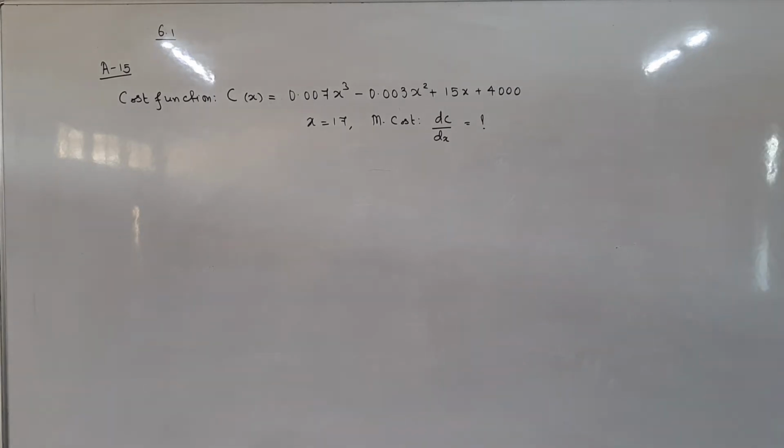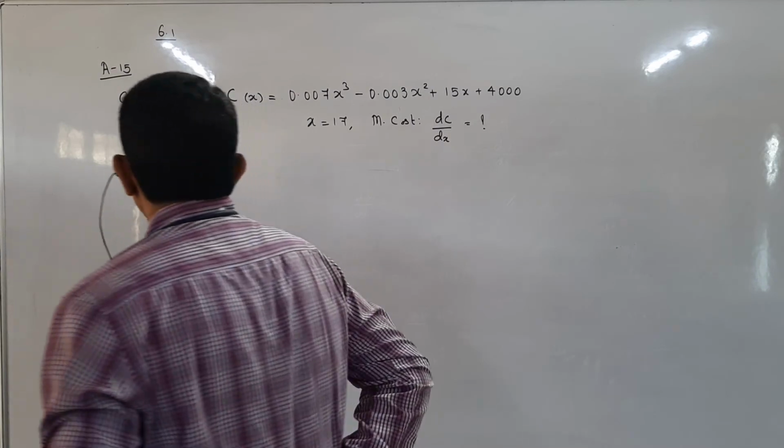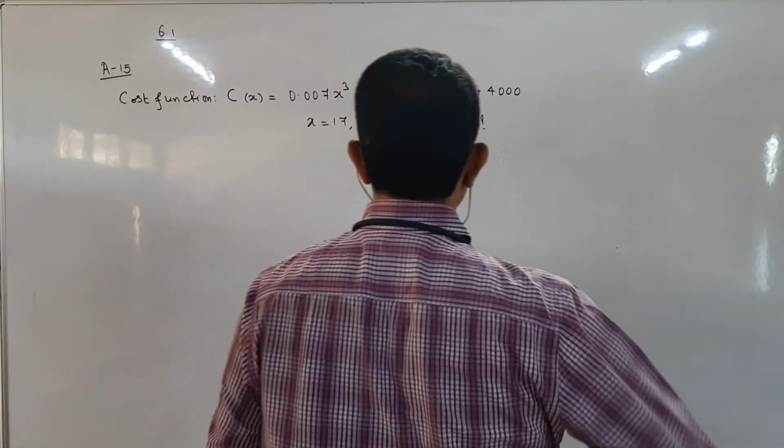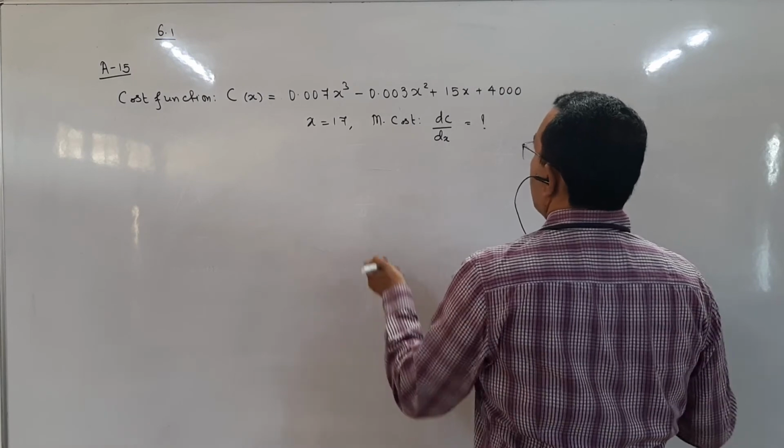What I can explain at this moment is this: in business, cost is directly proportional to number of units produced. That, students, all of you can perfectly understand. The more you produce, correspondingly the cost increases. So cost is a function of production, and the formula to find marginal cost is dc by dx.